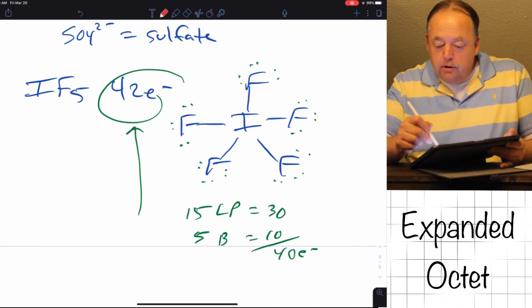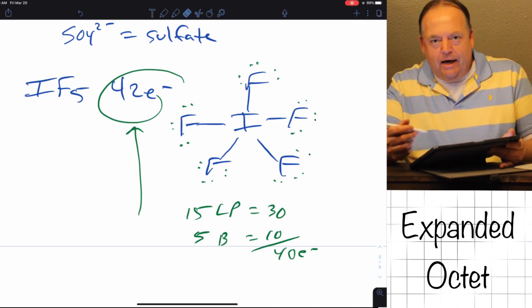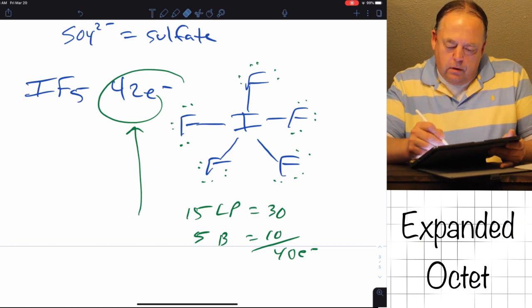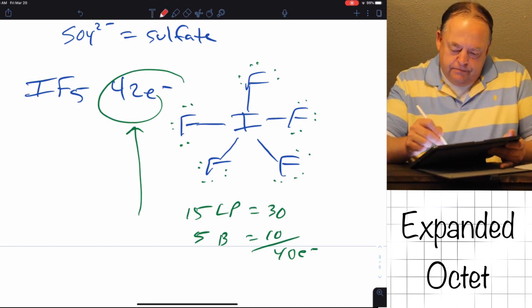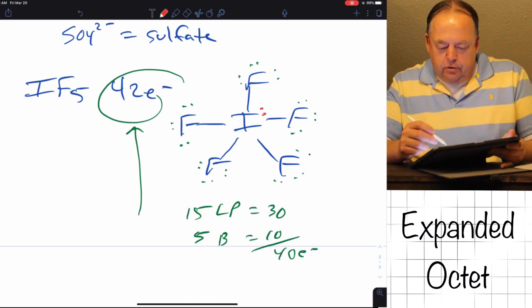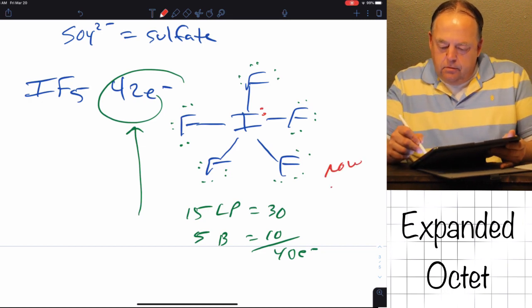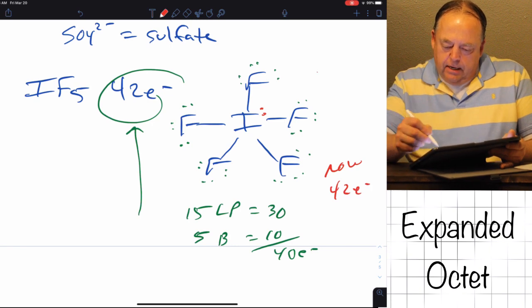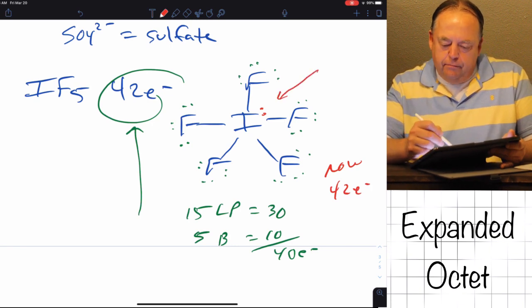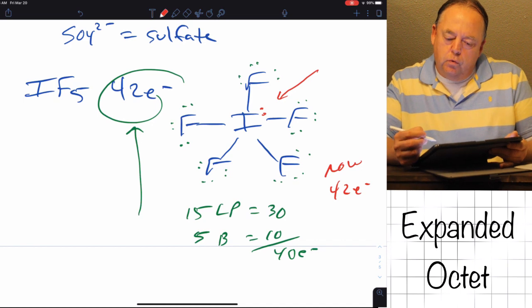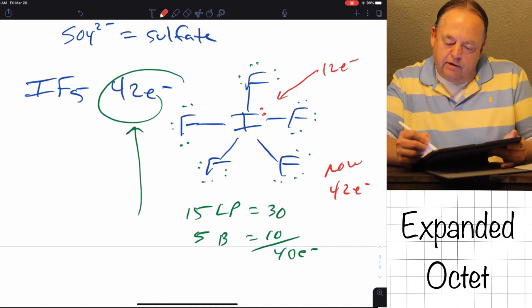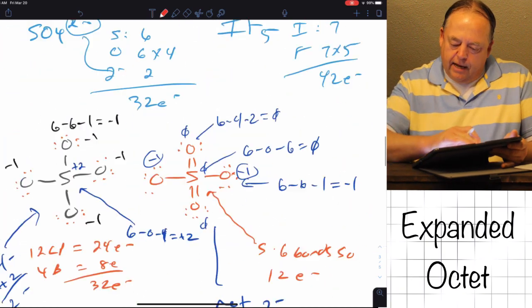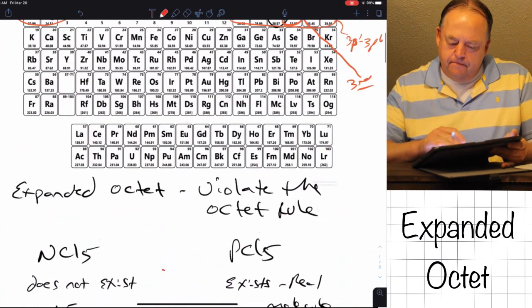We can't add a lone pair to any of the fluorines because that would violate the octet rule on fluorine, but what we can do is simply add a lone pair to iodine, and so now that's 42 electrons. And iodine has 5 bonds, 10 electrons, plus 2 for a lone pair, so that's 12 electrons. Is this okay? Well, you've got to see where iodine is in the periodic table.